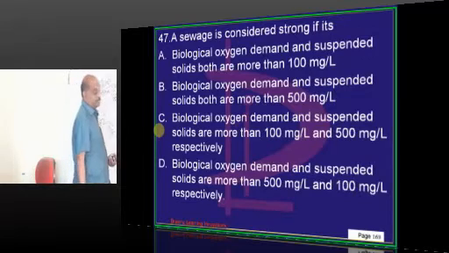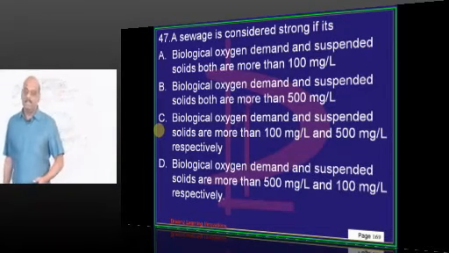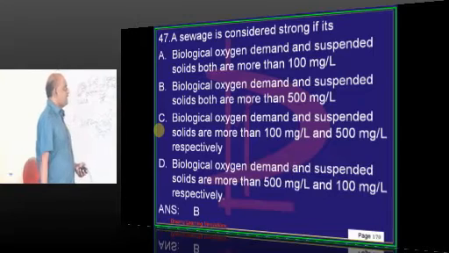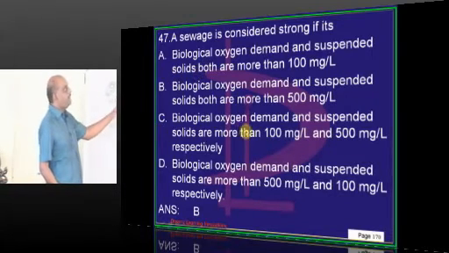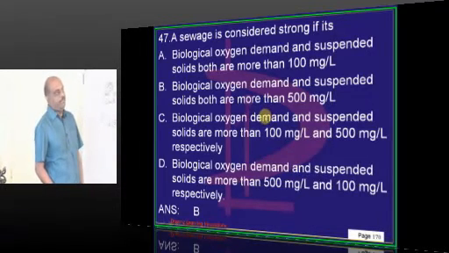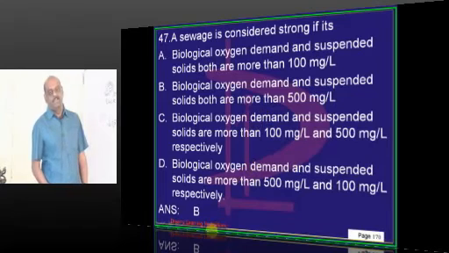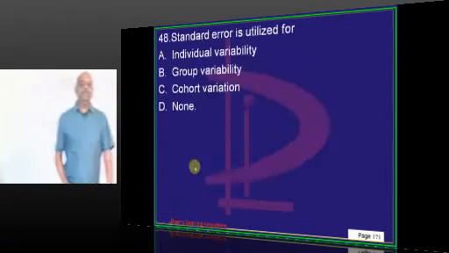What is a strong sewage? What is a weak sewage? What is the basis? So doctor, biological oxygen demand and suspended solids both more than 500 mg per liter is the definition of a strong sewage, which you have to read to ultimately become a cardiologist.